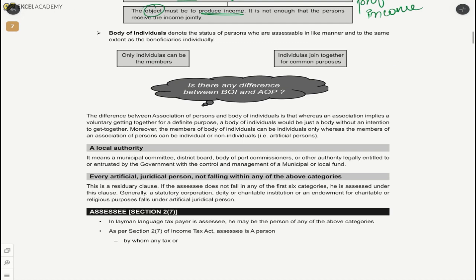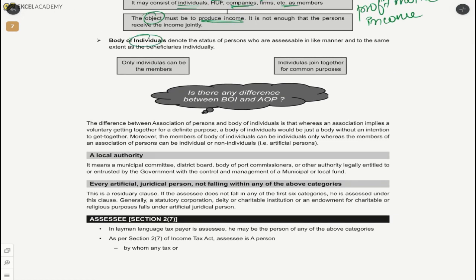Then we have something which is very similar to association of persons, body of individuals. But again, the word individuals here is very important because it is only restricted to individuals. So it cannot involve anyone else. So only individuals can be members, individuals can join together for a common purpose. So now that we have looked into both AOP and BOI, that is association of persons as well as body of individuals, is there any difference between the two?